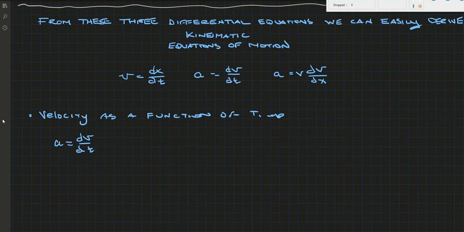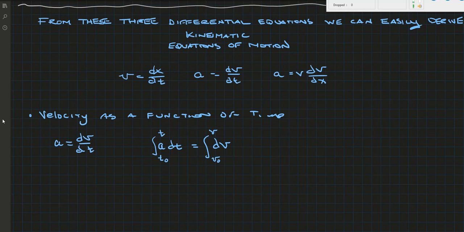So separate the variables. The integral of a dt equals the integral of dv. And let's go from t0, to be general, to t, and from v0 to v.